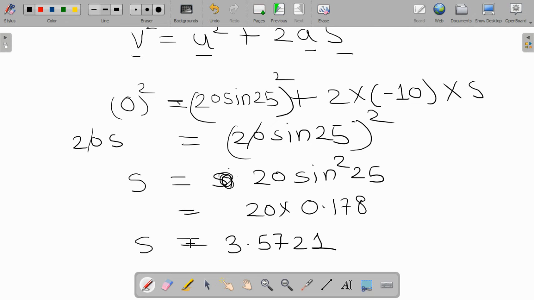So the vertical displacement is 3.57 meters.